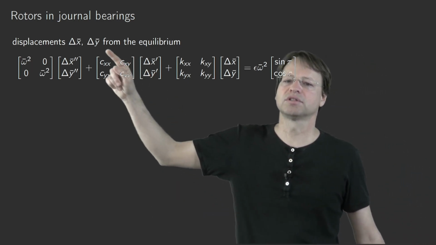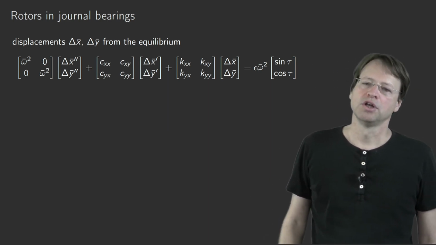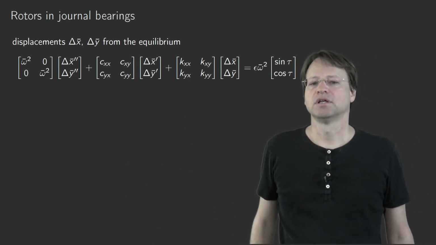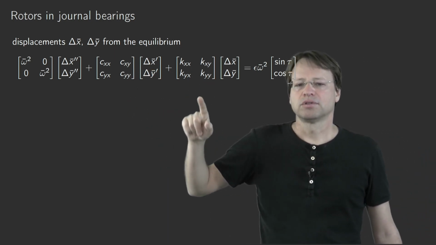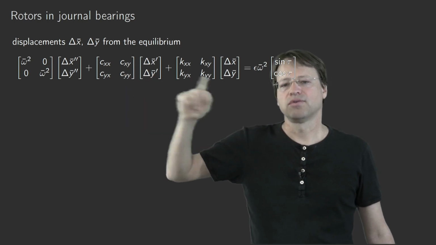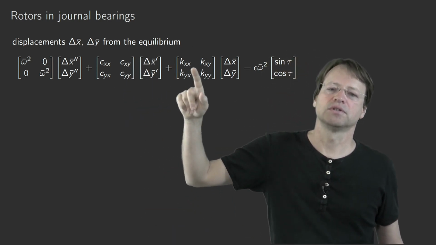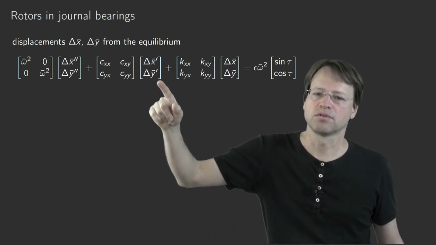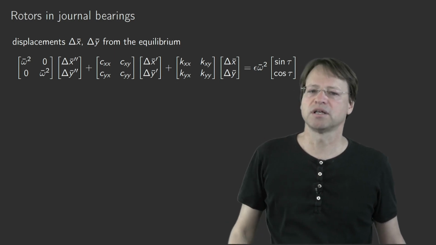So if you introduce displacements, perturbations from the equilibrium position, you will lose in the first equation the term with the 1. For the bearing forces, you consider the restoring forces on the left-hand side. They would be negative, and you introduce the stiffness and damping coefficients with respect to the first order derivatives, the damping coefficients with respect to dimensionless time.